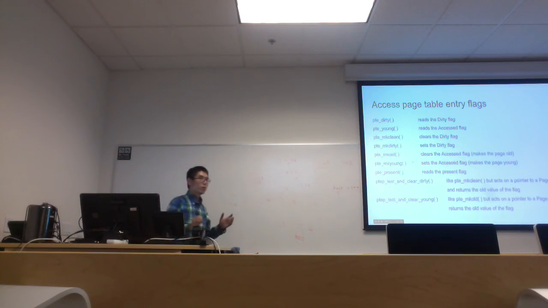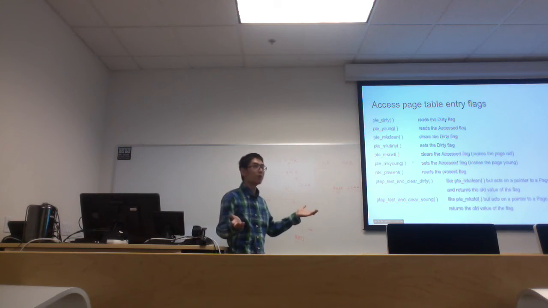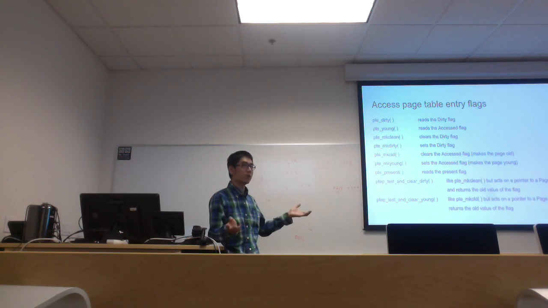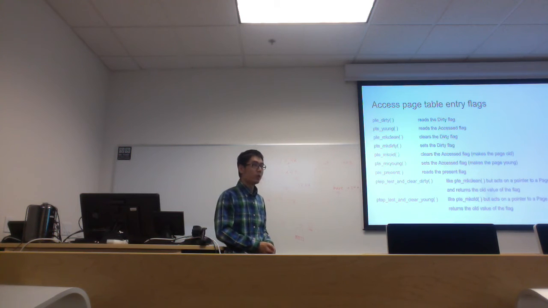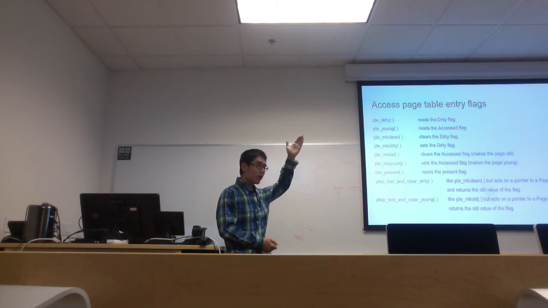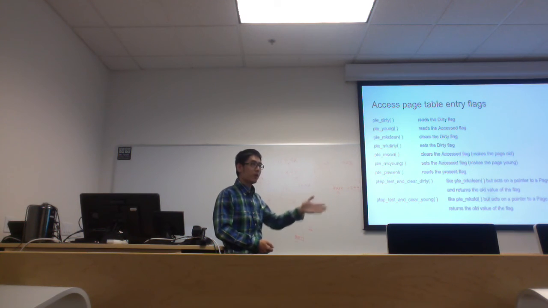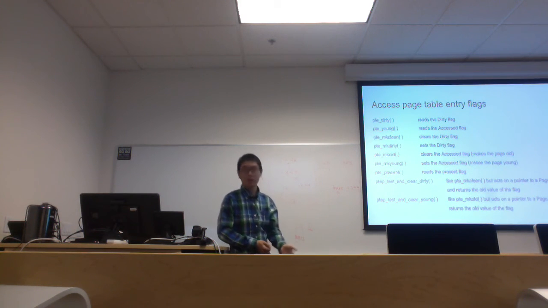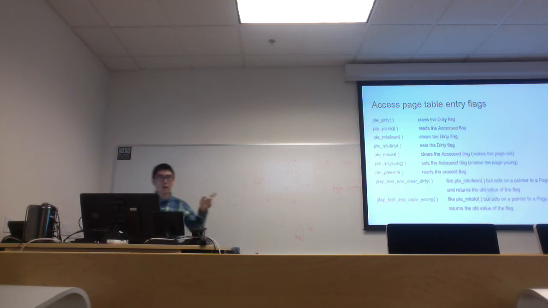So write a kernel thread in a module or inside the kernel, and this kernel thread will sleep regularly and wake up regularly, like 1 second at a time. After it wakes up, it will go through all the page table entries of a process and read whether the access bit is 0 or not.